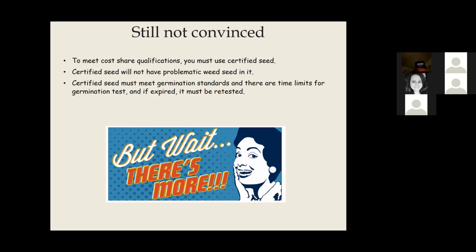Certified seed must meet germination standards, and there are time limits for germination tests. The longer we keep seed, especially if it's not in a controlled environment, it will lose germination ability. And so that's why there's a time limit on the certified seed and its germination tests. If it expires, it has to be retested to meet those standards.